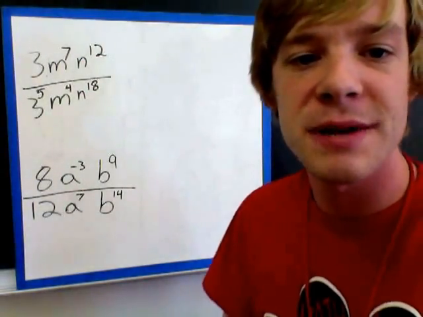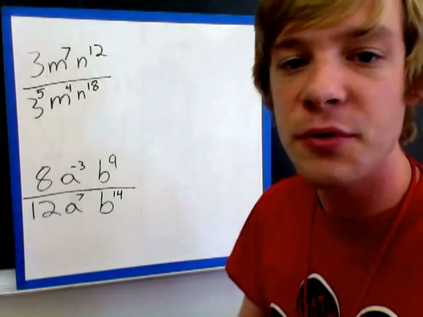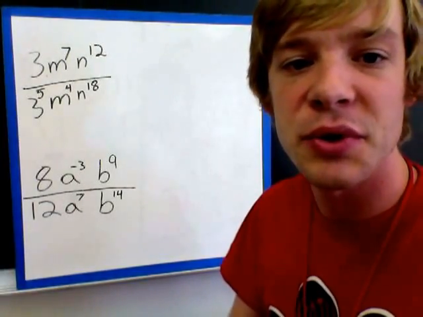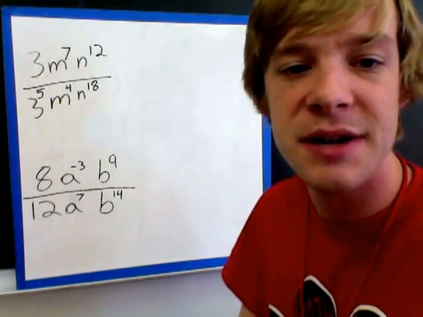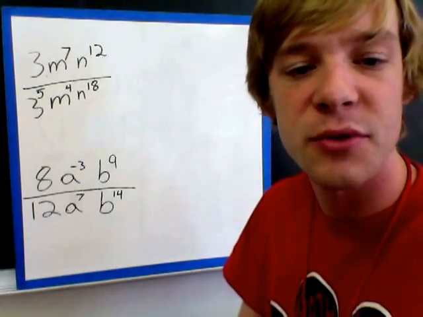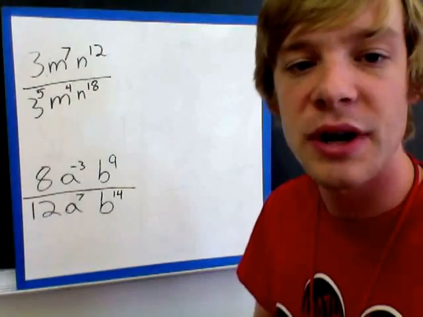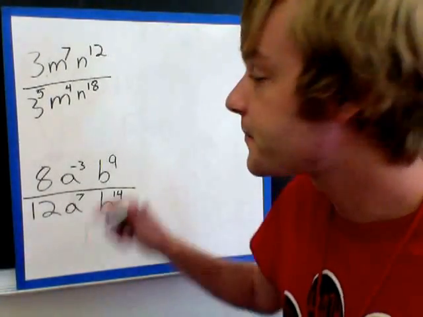Here are 2 more examples that we're going to go through, and we're going to work through these the same way that we were doing with the last problems. So here I have 2 bases that are the same. I have 3 and 3 to the 5th power. So let's go ahead and write out our fraction.